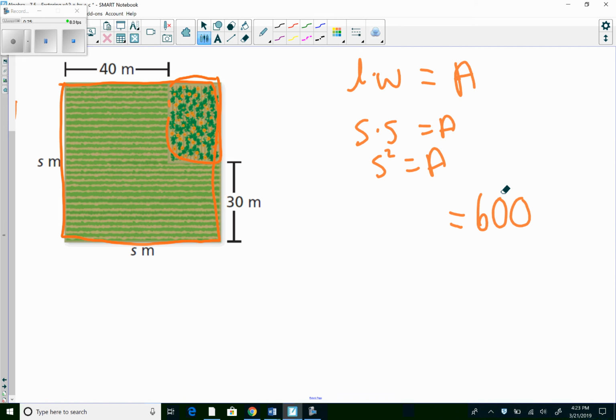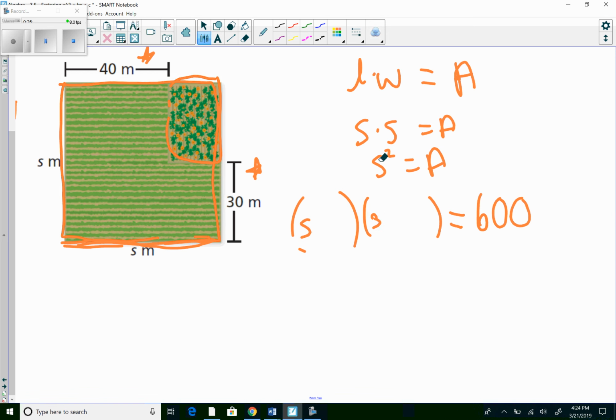Okay, now let's look at these two pieces specifically. Hopefully it's no surprise that we're going to set up some binomials here, because that's the whole point of our entire lesson. We know that one entire side is S units long.